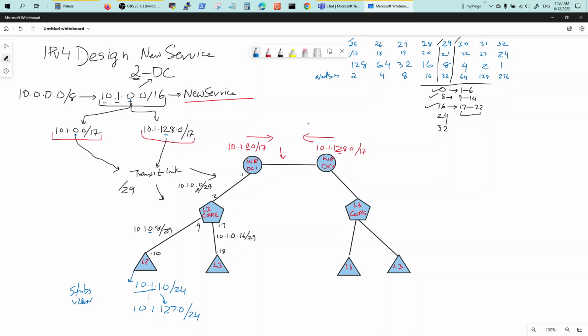Let's do the same here. You take 10.1.128.0/29, and /29 is again 0, 8, 16.